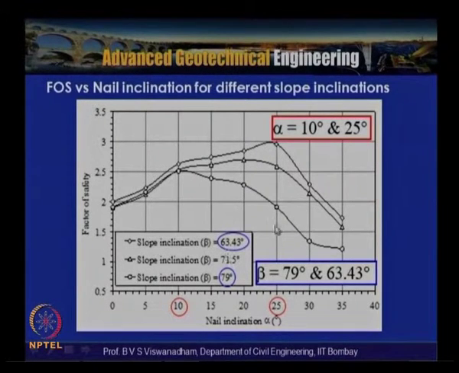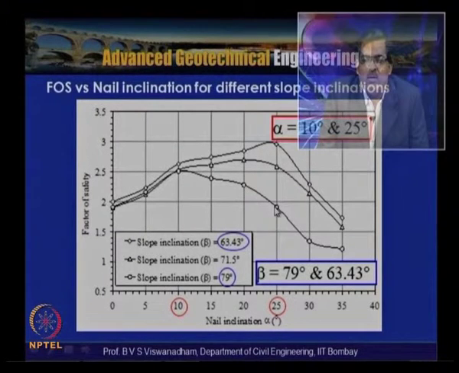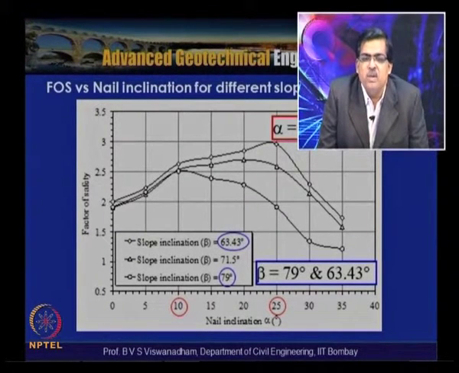This analysis is performed by incorporating nails and by using the modified Bishop's method of slices, and with this the factor of safety of a soil nail slope based on the limit equilibrium approach can be obtained.